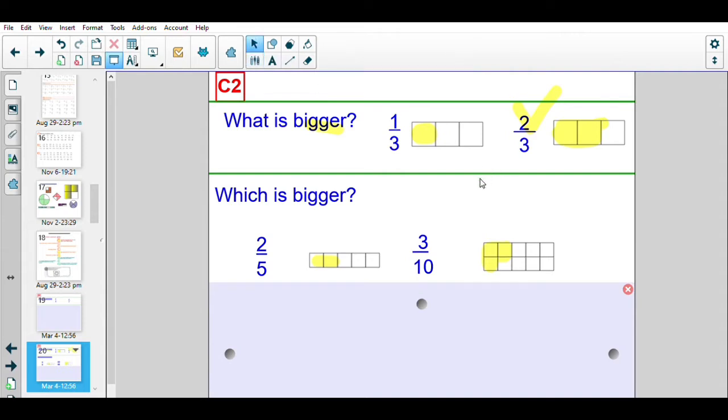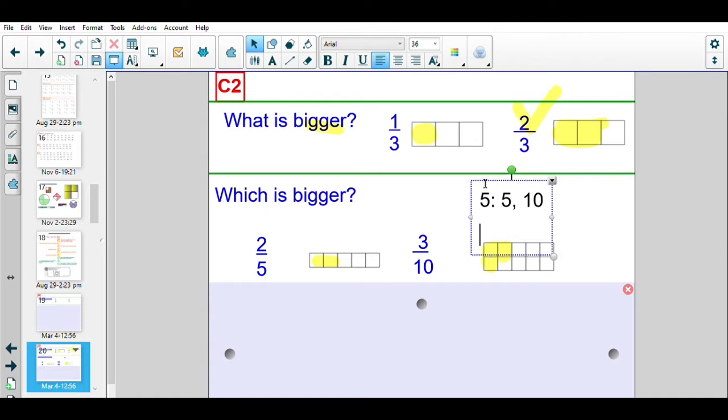So to find the common number, I'm going to list the multiples of 5, the multiples of 10, and see what is the lowest common multiple to find the same denominator.